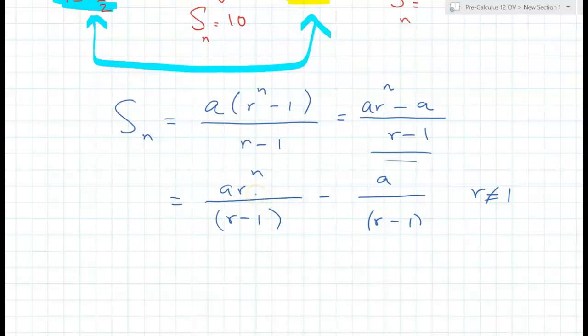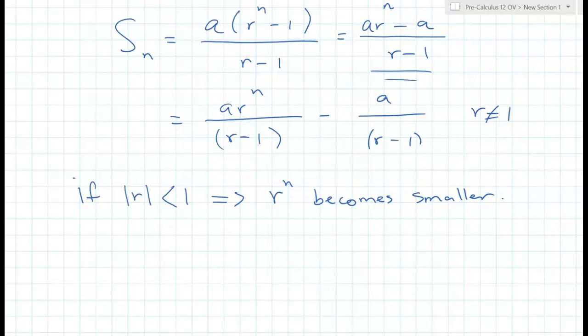That is not allowed. But what you can do is this, that as n gets bigger and bigger and bigger, look at the value of R, and we are using the absolute value. That means that we just want the positive value of R. If that value is less than 1, that means that it has to be between 0 and 1.